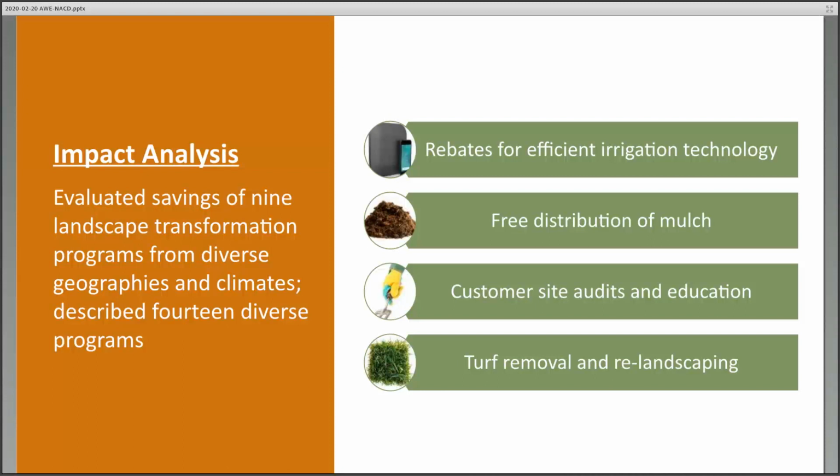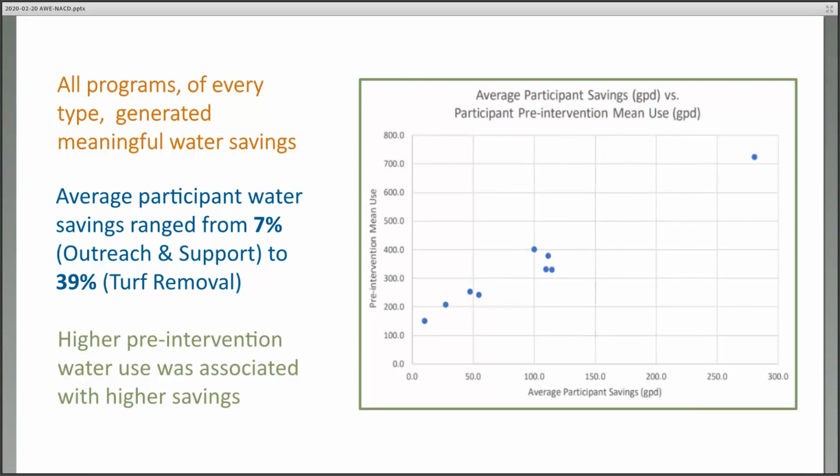And then we also looked at several turf removal and re-landscaping programs. Those types of programs have been very popular recently in areas that are experiencing drought, which in recent years has been fairly common. So those are the types of programs we looked at.